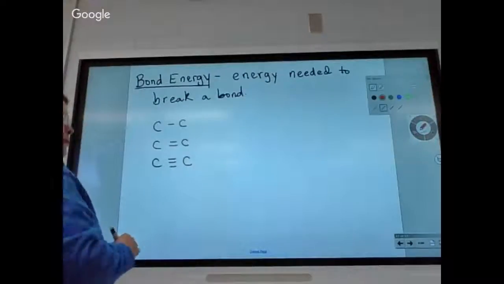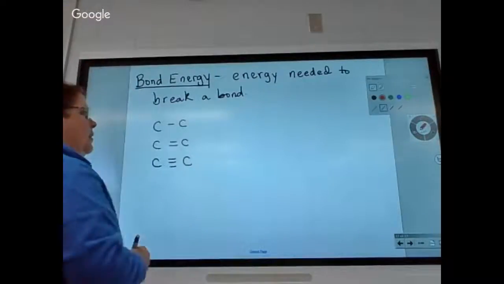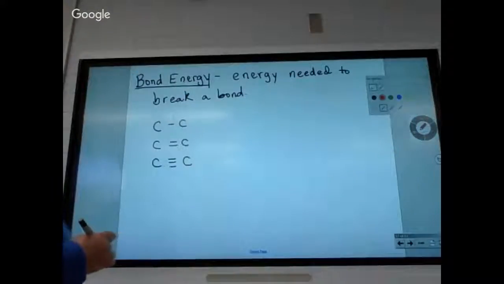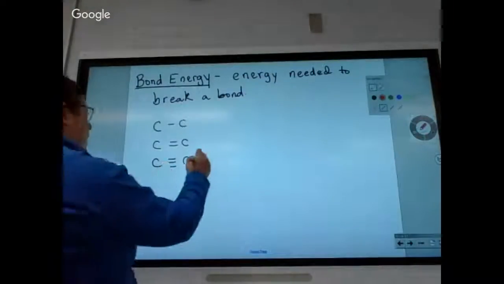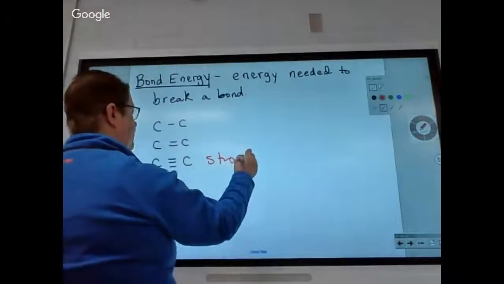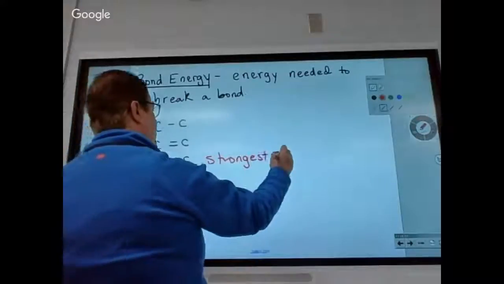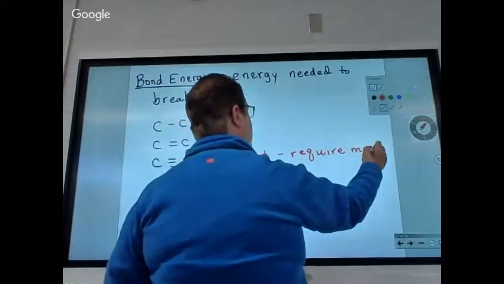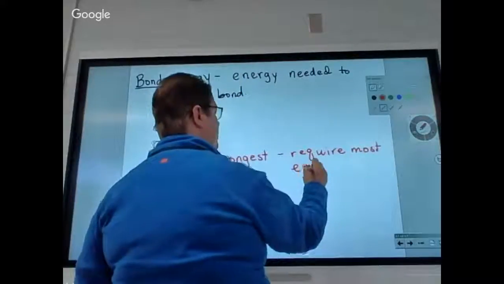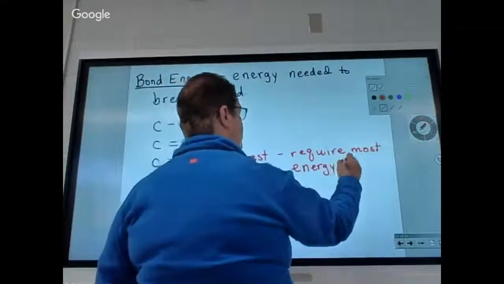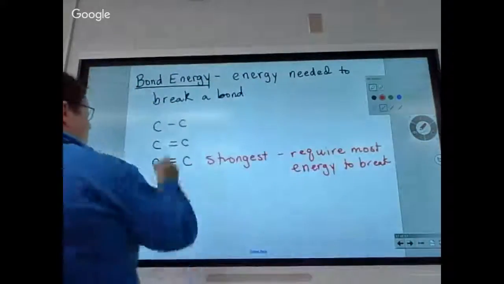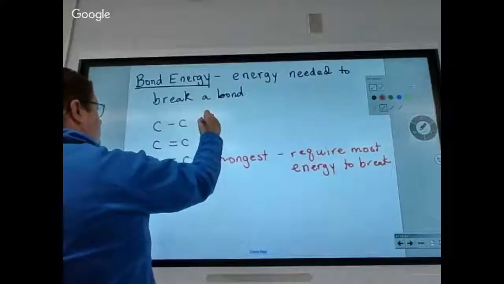All right, so which one of these do you think would be the strongest and would require the most energy to break? All right, the triple bond is the strongest, and it will require the most energy to break. All right, the single bond here is the weakest.